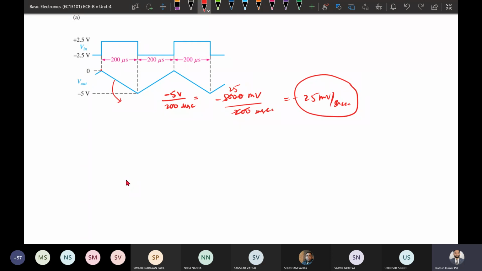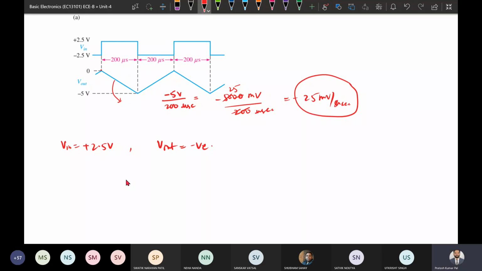To find the magnitude, we will just consider once the input is positive and once the input is negative. When the input is positive, that is V input is plus 2.5 volt, then the output is negative, because with an inverting integrator the output will be negative, and it will have a slope.